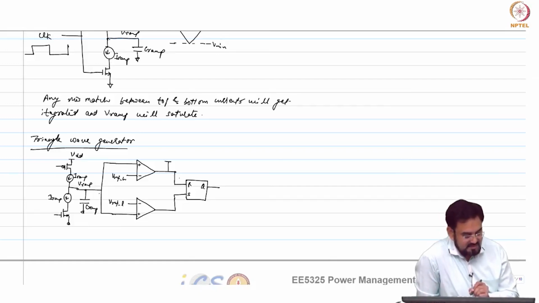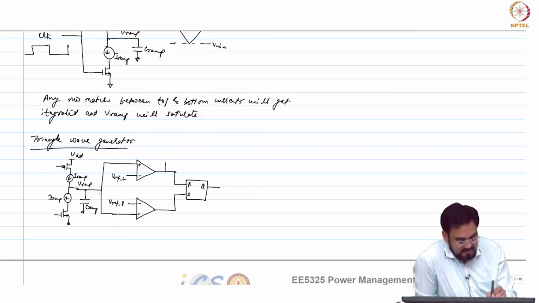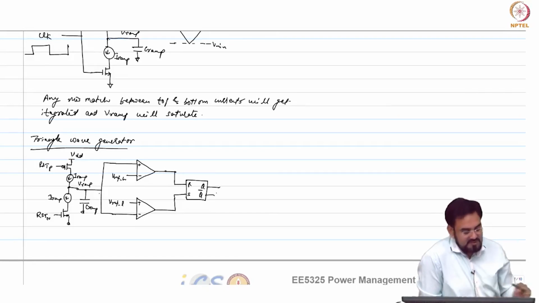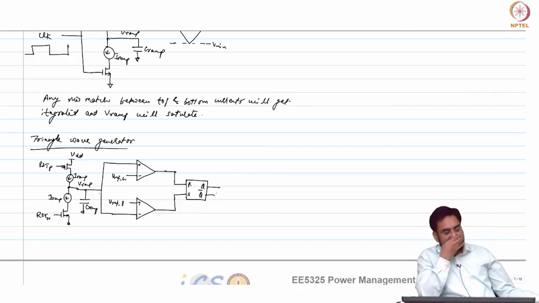Which means this should control your RST, and I will call it RSTP. So let's say I have a Q and Q bar. So which should be RSTP and which should be RSTN?